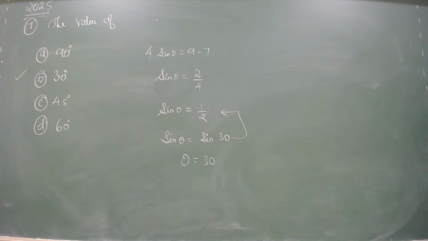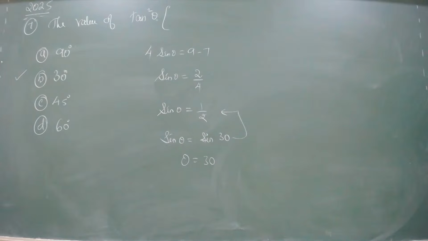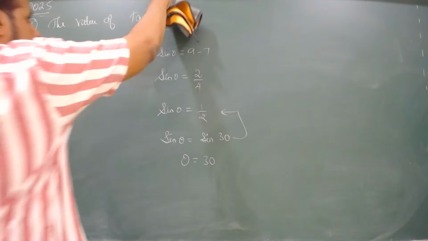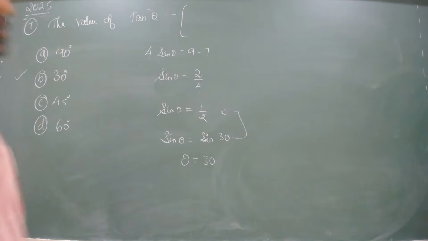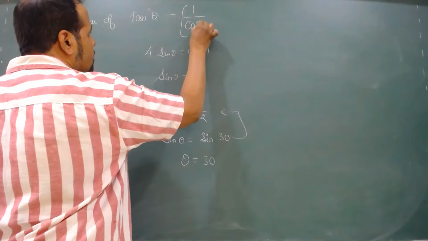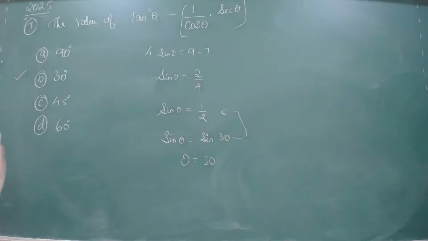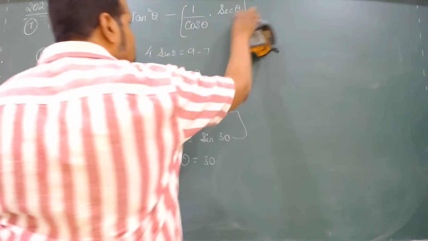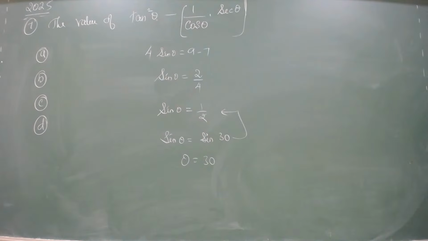The value of tan square theta minus a small twist, 1 by cos theta into sec theta, into sec theta. Again, 4 options: minus 1, 0, 1.